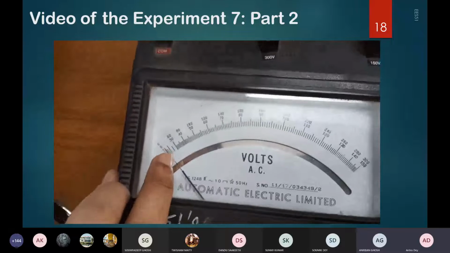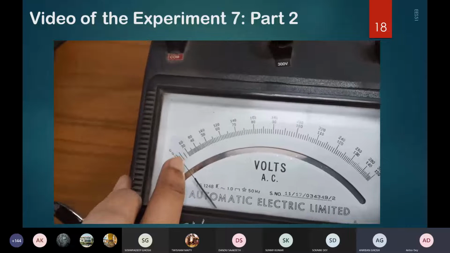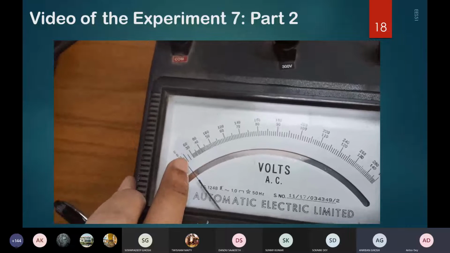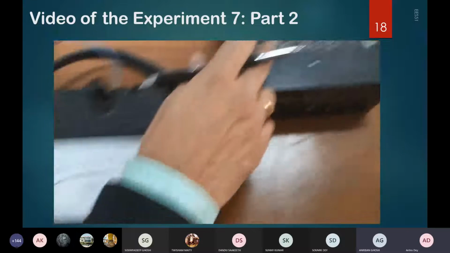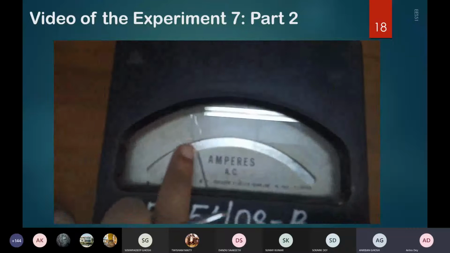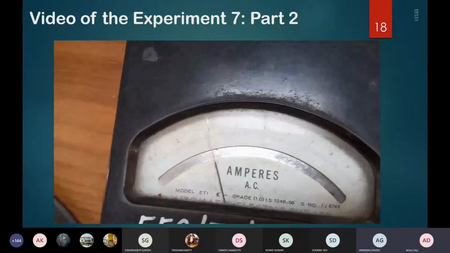It is not actually gone to 40 but close to that, and we can see the A1 reading is at 0.3 ampere.